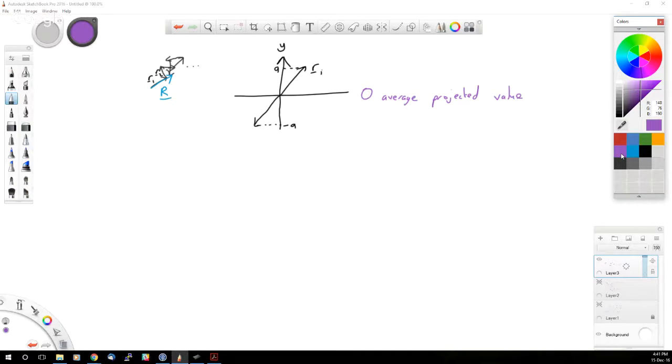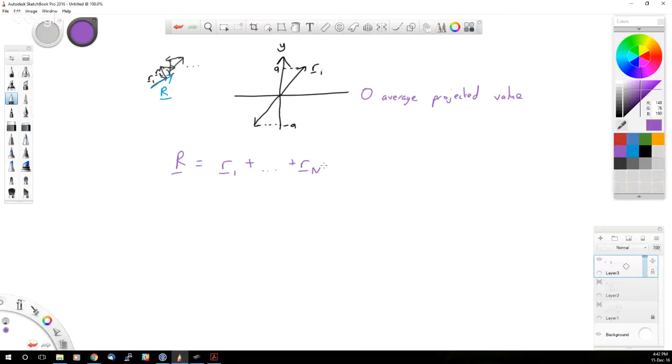Now, the next question, you have to be careful because it says, what is the average value of the vector R? So we actually care about its direction as well as its magnitude. We definitely care about its direction. And so we can write this R as all of these are n vectors.